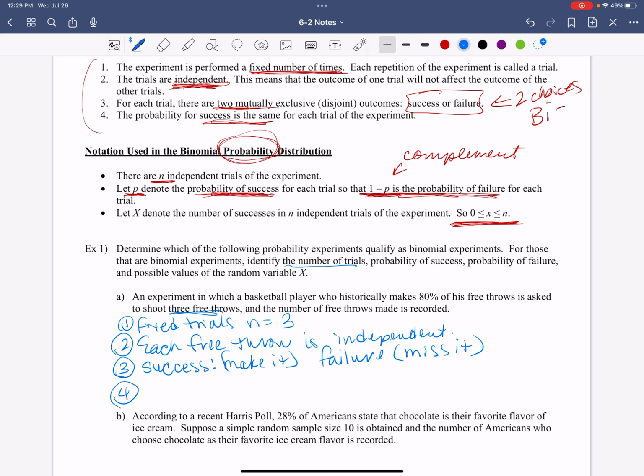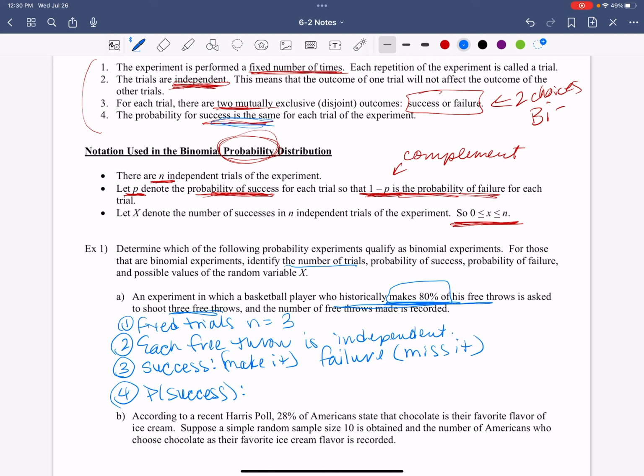The 4th is that the probability of success is the same for each trial. What's the probability of success? Yes, it's 80 because it says historically makes 80%. But do I write a probability as a percentage? No, we have learned that and we've said that over and over again.